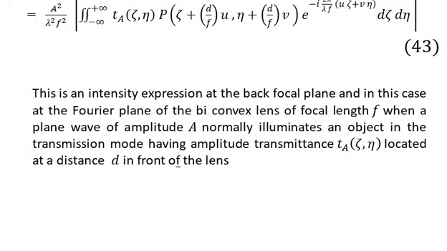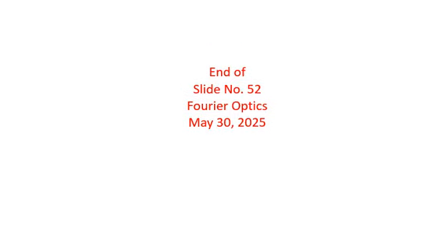So you see that this is an intensity expression at the back focal plane, in this case the Fourier plane, of the biconvex lens of focal length f, when a plane wave of amplitude A normally illuminates an object in the transmission mode having amplitude transmittance t_A of zeta and eta located at a distance d in front of the lens. So this is the end of slide number 52.